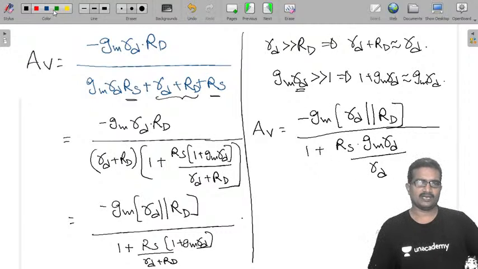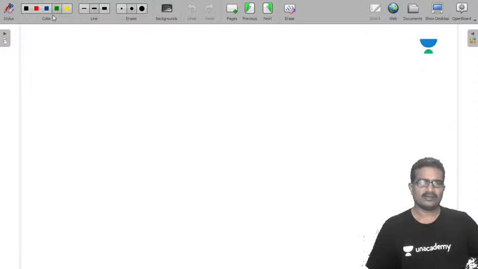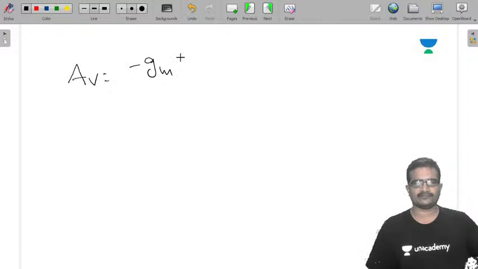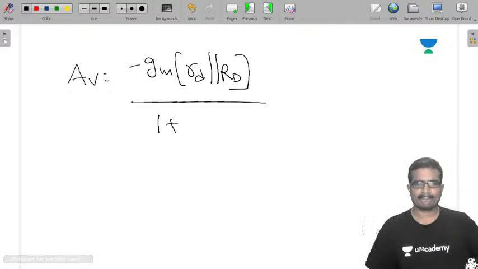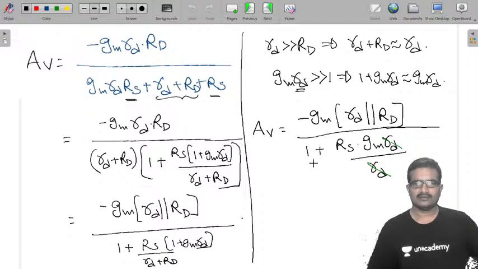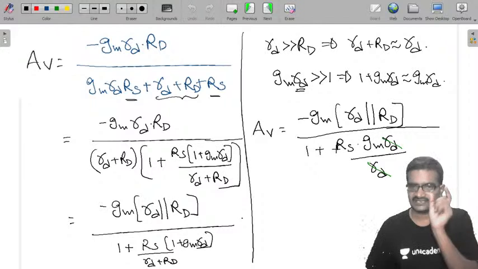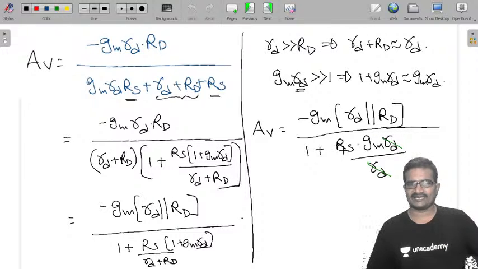Now these two get cancelled. Therefore voltage gain is minus gm into small rd parallel with the capital RD by 1 plus gm into RS. See, with the bypass capacitor, we are bypassing the effect of RS.